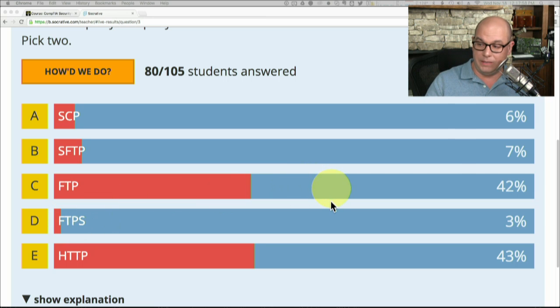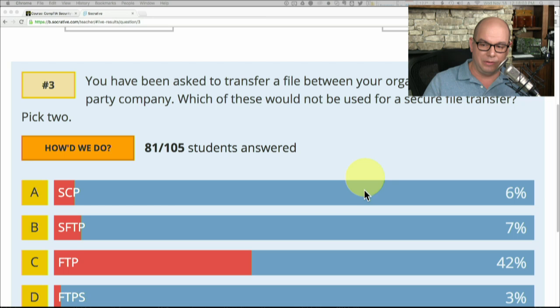Now remember, and this is an important consideration, especially on these particular types of questions, you're asked for a couple of things here. One is which of these would not be used for a secure file transfer. So you're really looking for the opposite here. You need to make sure you recognize there is a "not" in this question. And the other piece is pick two.